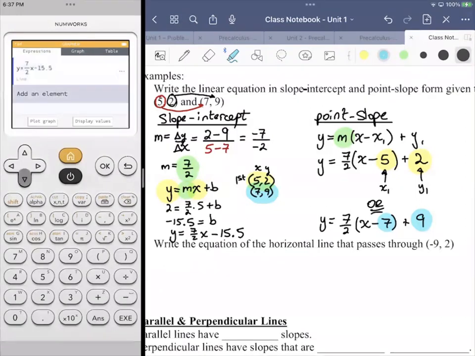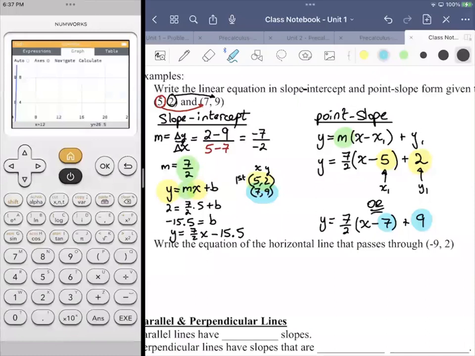I could take a look at this picture and hit plot graph. Now, my window here is not really user-friendly. It was really user-friendly for the problem I was doing in my statistics class, but it's not really useful right now. So I would go up to auto and select that. Auto, whether it's NumWorks or any other kind of calculator, is a simple way of saying, let the calculator figure out the window.